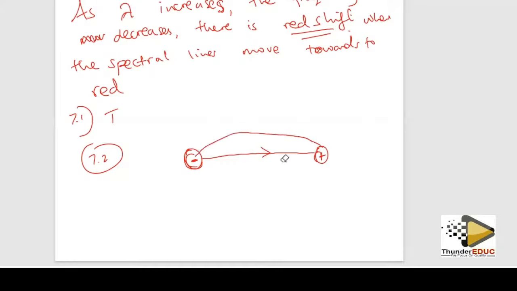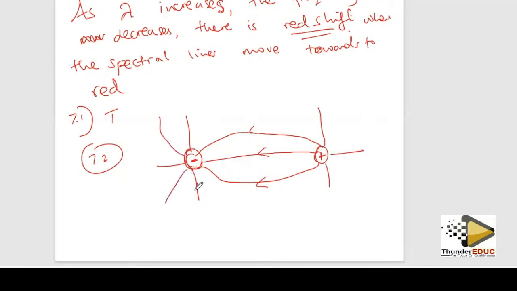So the field lines must be seen to move from the positive to the negative charge. Okay, we can have this, that, and then remember, these field lines should not touch or cross each other.